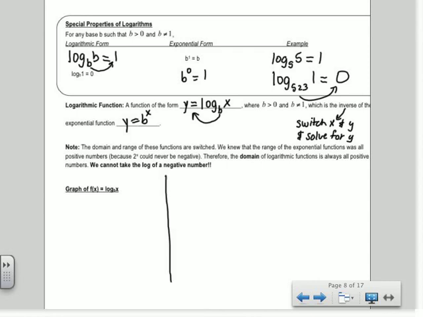Okay, do you guys remember what an exponential function looks like? So let's say b was greater than 1. So let's say we had 2 to the x. 2 to the x went up, so it went like this. Okay, so this right here is like y equals b to the x.